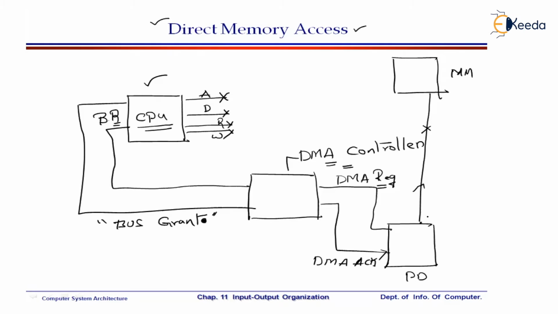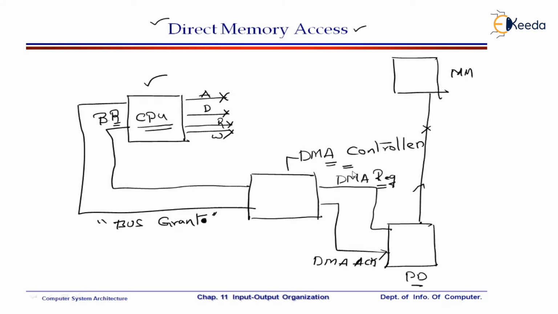Once again, let us have a glimpse of what is happening here. When the peripheral device wants to make a transfer, it sends a request to the DMA controller, saying: Mr. DMA controller, ask the CPU to release the buses. For that it uses a DMA request line.